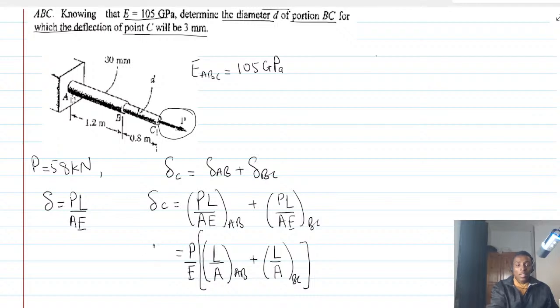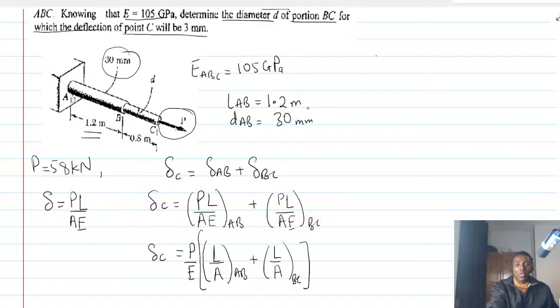So for this one, we know that the length of AB is 1.2 meters, and the diameter of section AB is 30 millimeters.